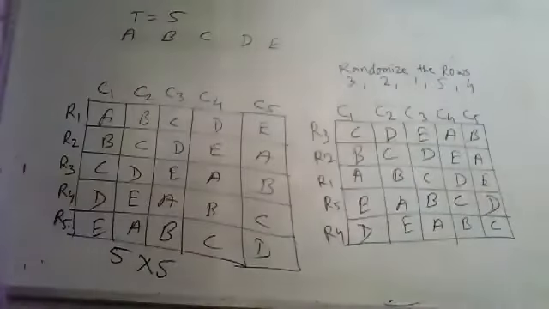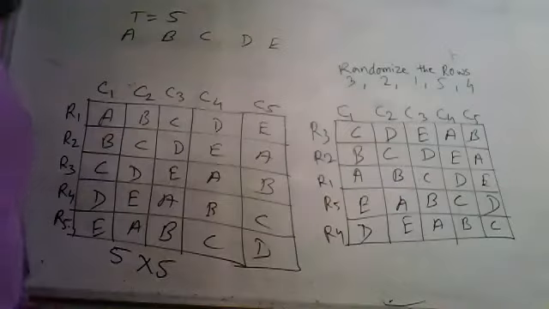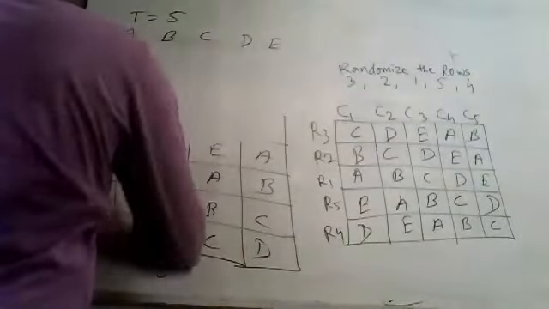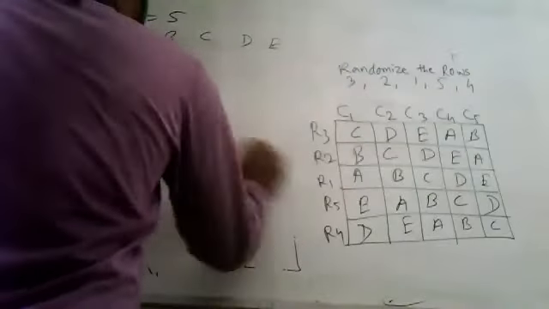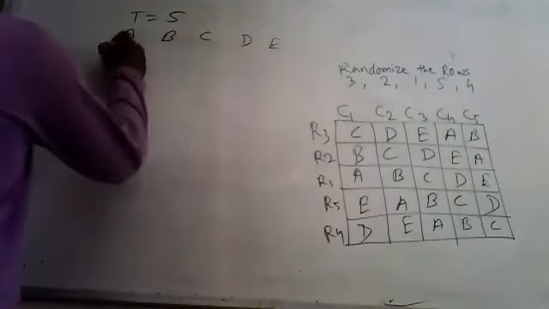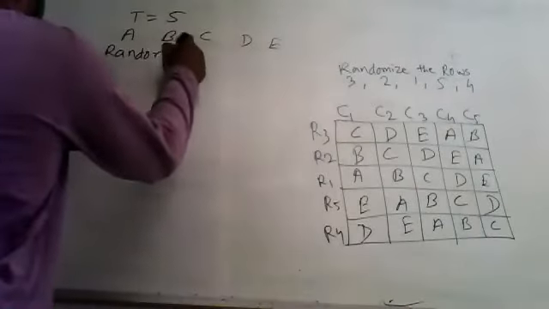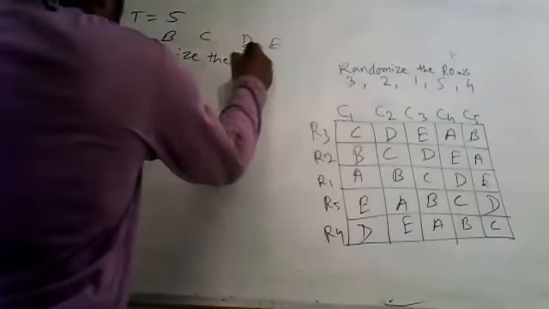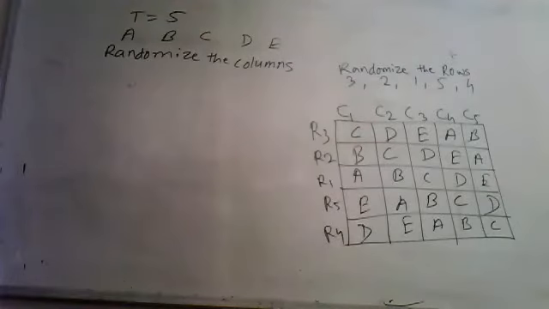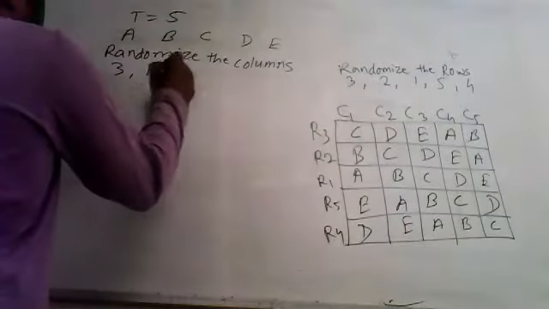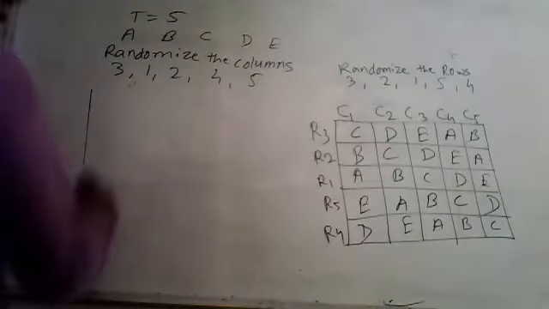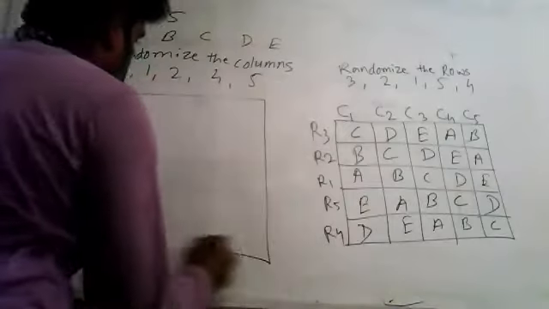Now we have to randomize the columns. Next step is randomize the columns. And suppose randomization is 3, 1, 2, 4, and 5. So again, prepare the table of 5 by 5.